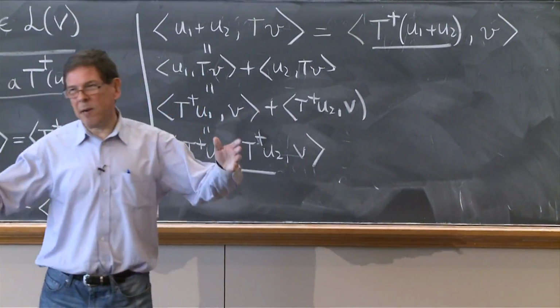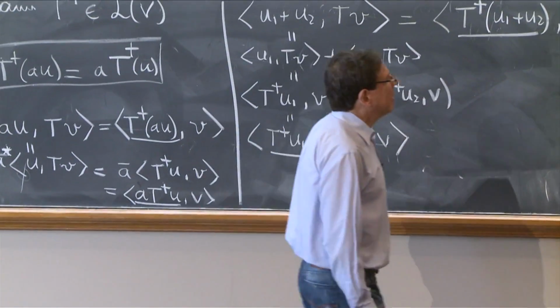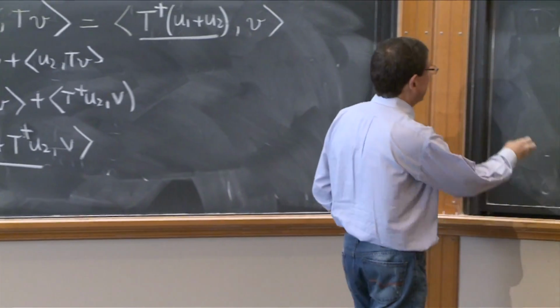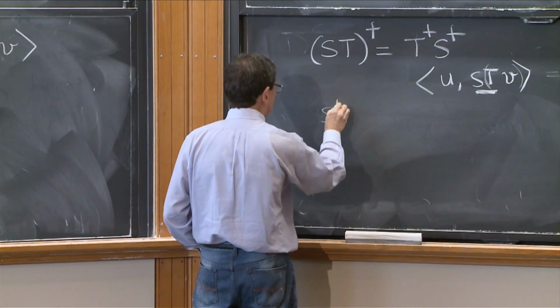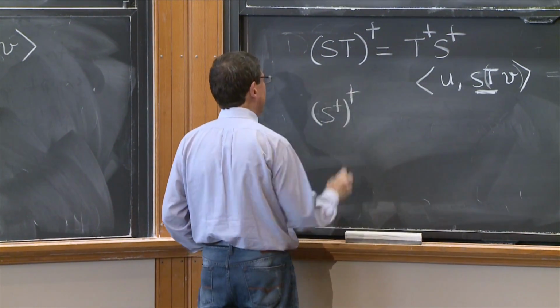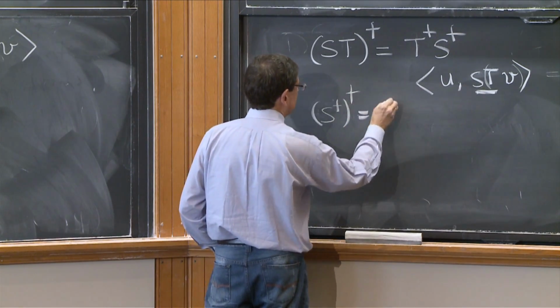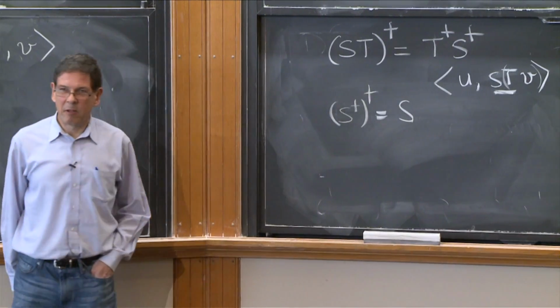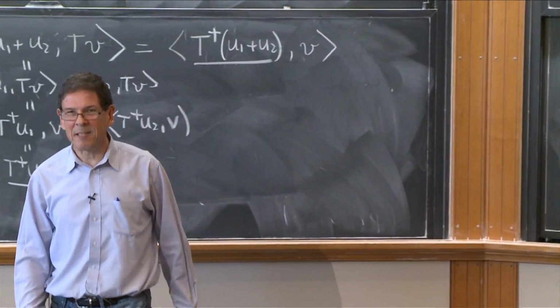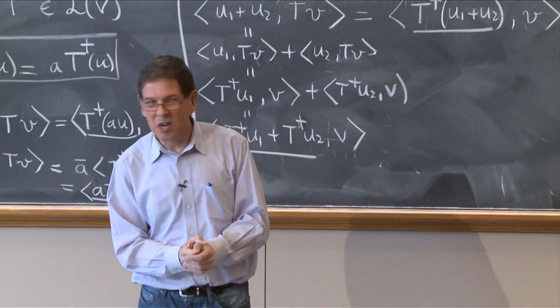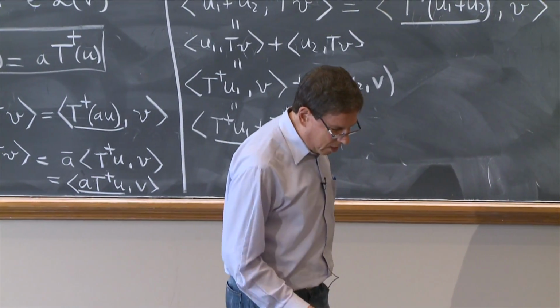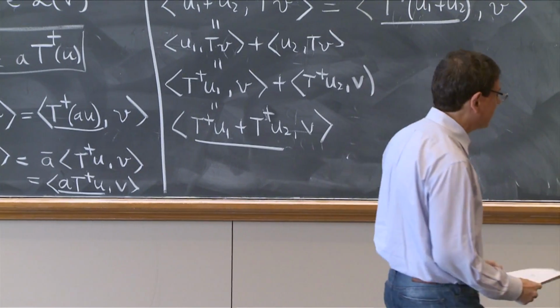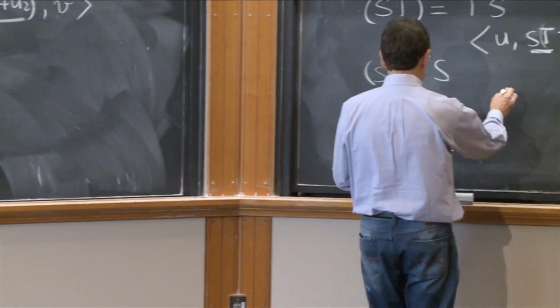There's yet one more simple property that the dagger of S dagger is S. You take dagger twice, and you're back to the same operator. Nothing has changed. So how do you do that? Take, for example, this.